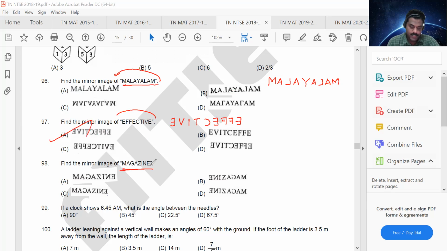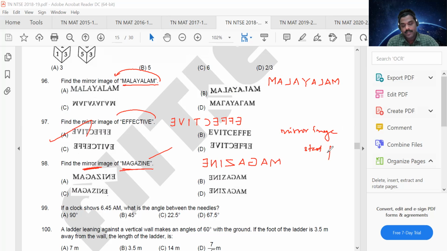Then moving on to the mirror image of magazine. So once again, inverting from the right side. Right. So very simple way to remember, whenever you see mirror image, start from right. Whenever you see mirror image, start from right.